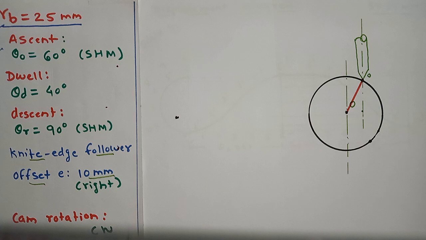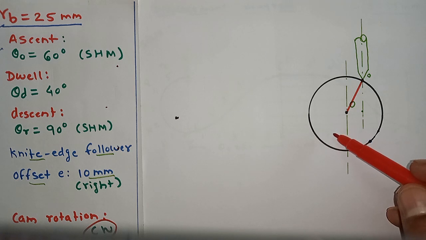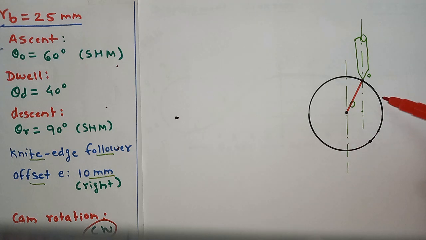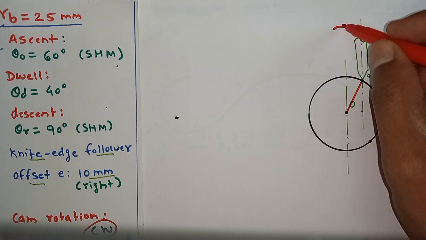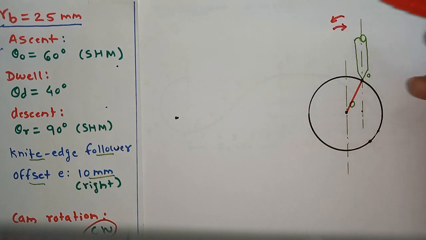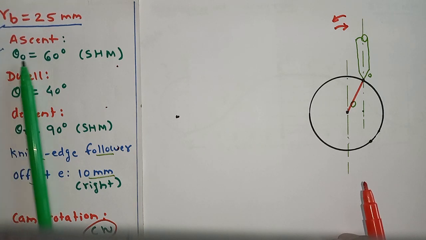Now the direction of rotation of the cam is clockwise, so we will divide this base circle, which is the same as the prime circle for a knife edge follower, in the opposite direction, that is counterclockwise. So the cam is rotating clockwise, so we will divide the circle in the counterclockwise sense.